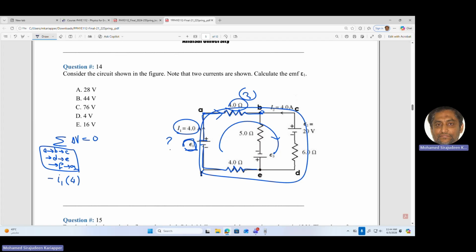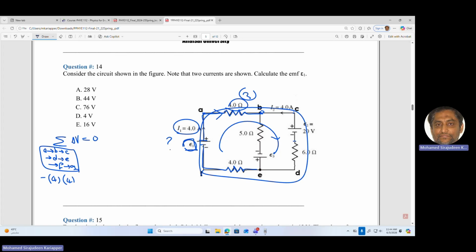The potential is decreasing because current always flows from higher potential to lower potential. Shall I put the number? Yeah, let's put the number, okay? So because 4 is the current, resistance is also 4, right? Negative.